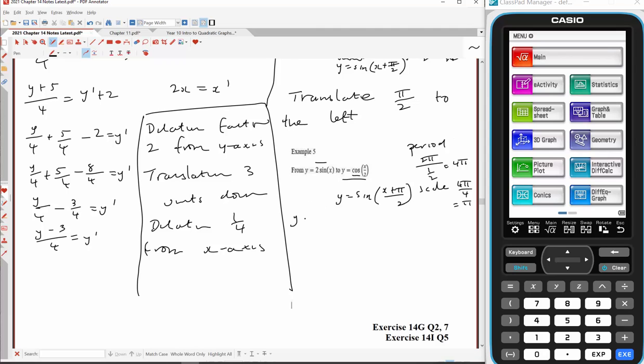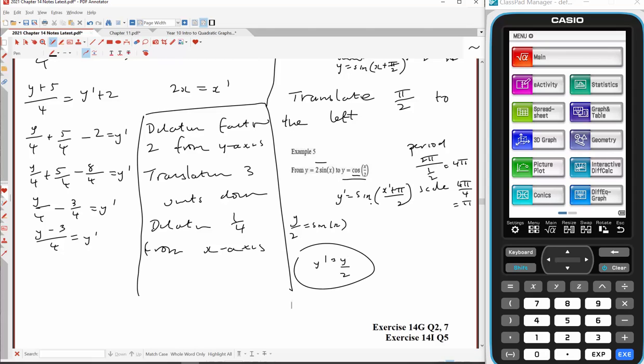So we're going to go, this is dashed and this is dashed. So y over 2 equals sine of x. Okay, pair those. y dash equals y on 2. Right, so that's confirmed. My dilation half from the x-axis.